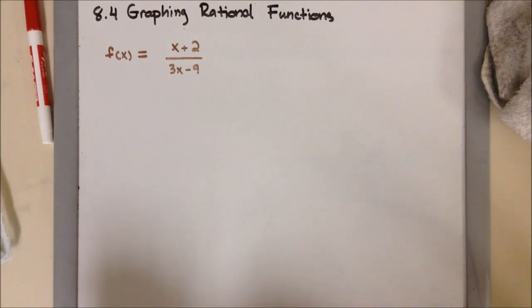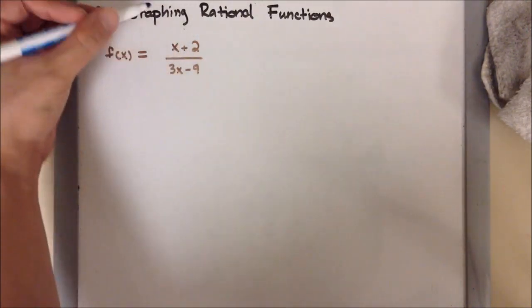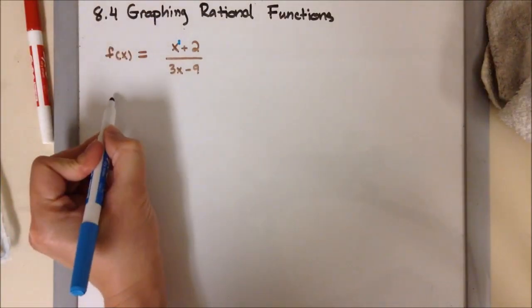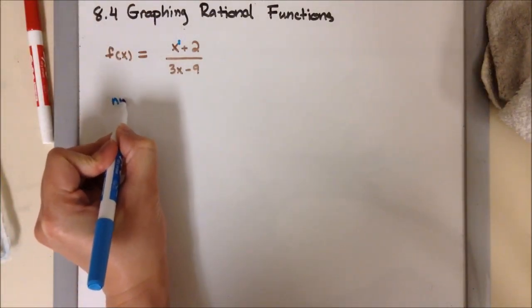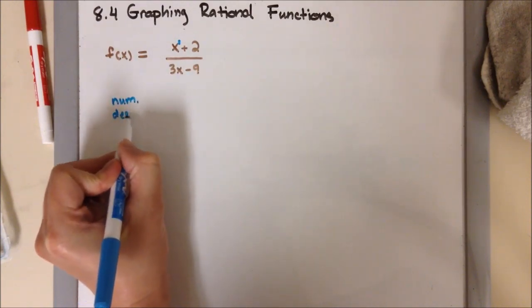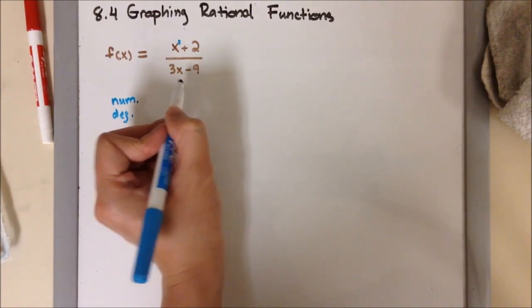If we look at the numerator, our highest exponent with the variable is 1. So my numerator degree is 1. Then let's take a look at our denominator.